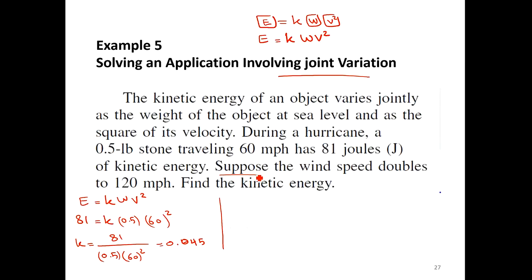Now, suppose that the wind speed doubles from 60 to 120. Find the kinetic energy. The energy equals K, 0.045, and the weight is the same, 0.5 for the stone, but the velocity is 120 squared.